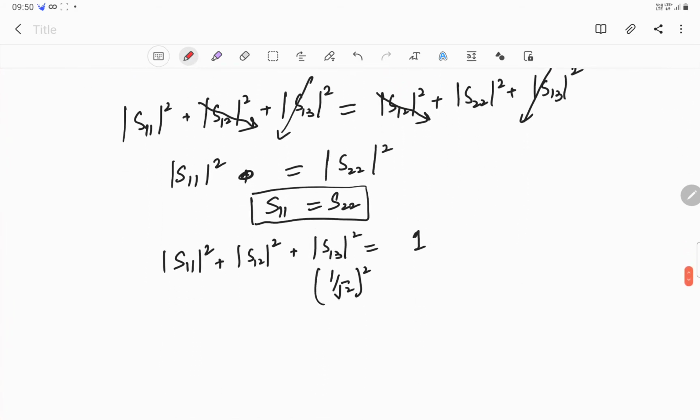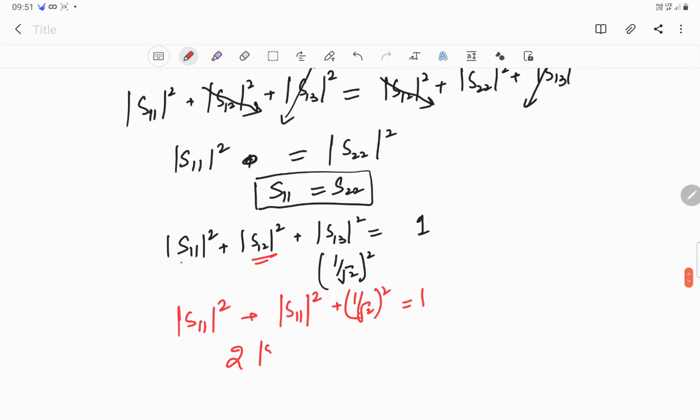So if I look at this equation now, S11 square, magnitude of S12 is the same as S11. Magnitude of S11 square plus 1 by root 2 square is equal to 1. So that means 2 times S11 square plus 1 over 2 is equal to 1, implies 2 times S11 square is equal to 1 minus 1 by 2, which would be 1 by 2.